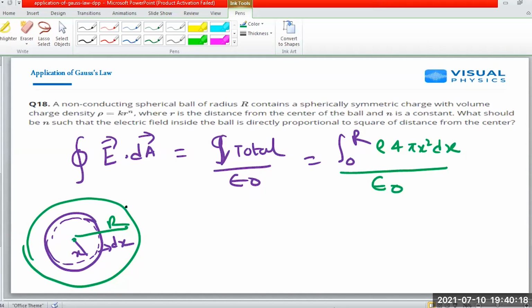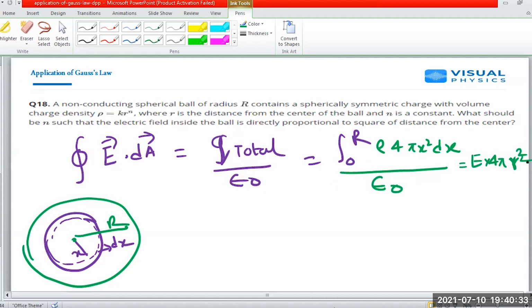Now the surface area of this sphere will obviously be E into 4 pi r square, if I am taking distance x. So on solving, I'll get E as k upon (n plus 3) epsilon naught times r to the power n plus 1.